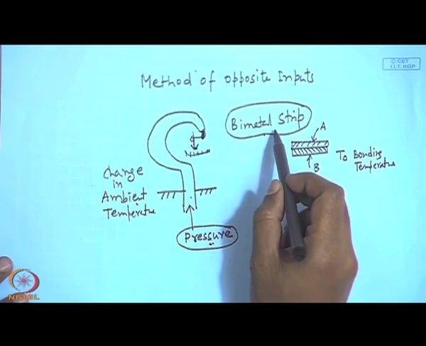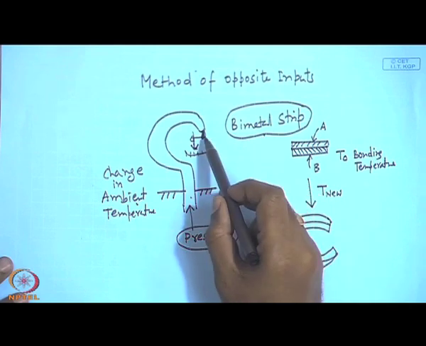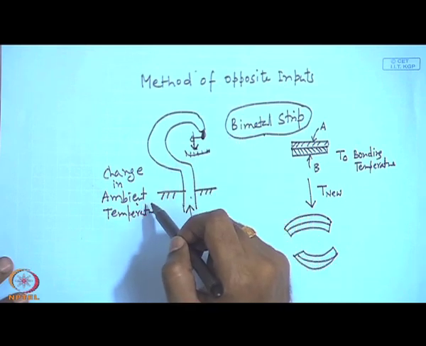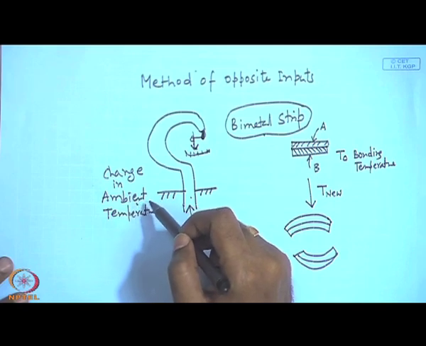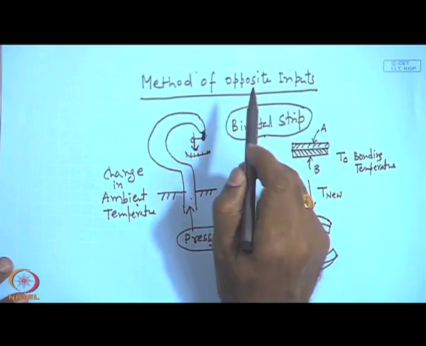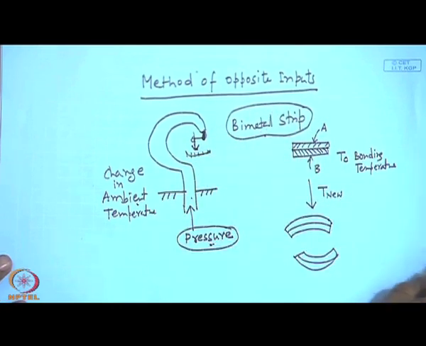So, by putting a suitably designed bimetal strip, I can cancel out the extra deflection that has been caused due to change in ambient temperature. So, this is again an example of the method of opposite inputs.